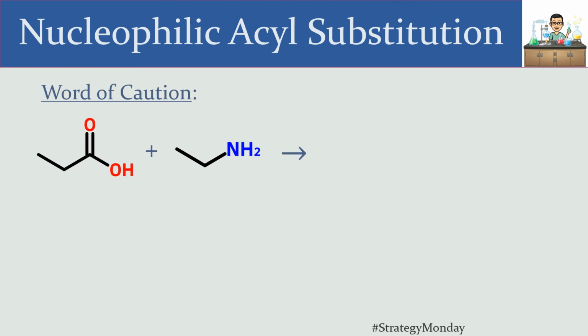We're a lot more likely to make an amide. A word of caution here: when you take a look at these types of reactions, your knee-jerk reaction might be nucleophile, electrophile, hook them up together. But there's one situation I want you to be aware of, and that is whenever you have a carboxylic acid and an amine. This nitrogen is nucleophilic and this carbon is electrophilic. But the reaction that happens is not going to be a nitrogen attacking this electrophile and making an amide.